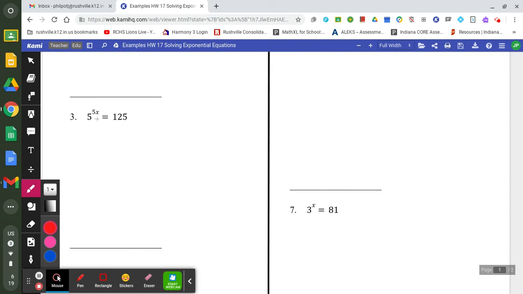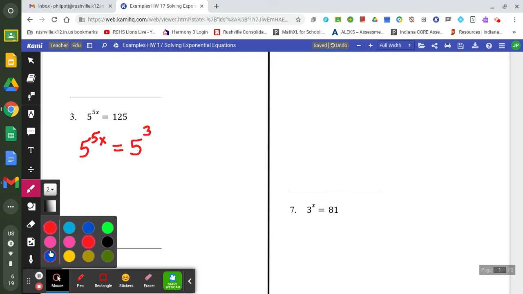exponent is not just an x, but mine is a 5x. So I need to start out by getting the same base. So base 5, exponent 5x equals, and then 25 can be written as base 5 to the third power.